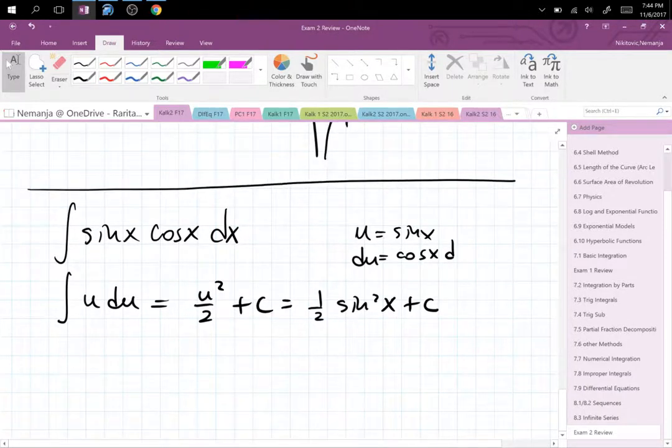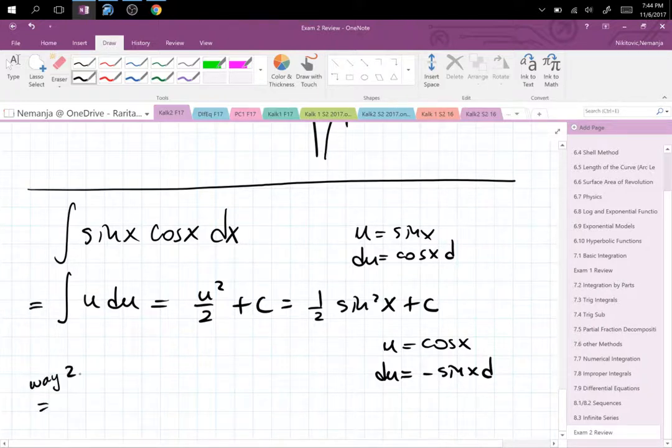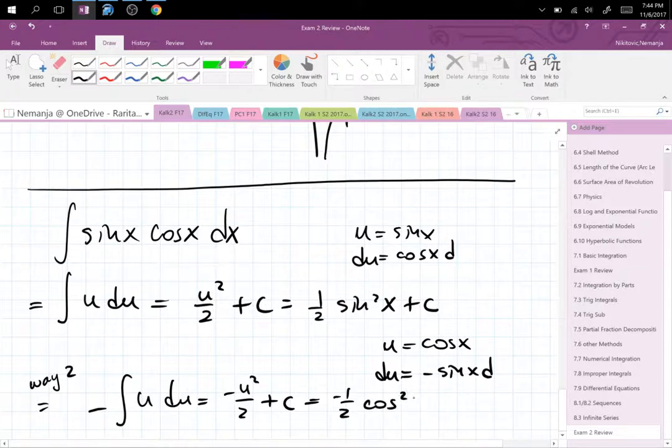If you choose the other one, u equals cosine x, then you get du to be negative sine x dx, and your integral becomes negative integral of u du, which is negative u squared over 2 plus c, which is negative 1/2 cosine squared x plus c. See? Same.